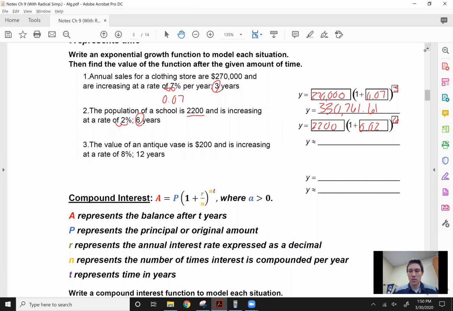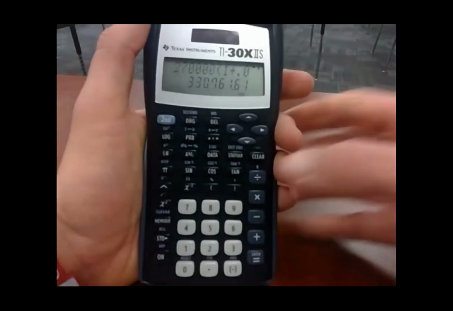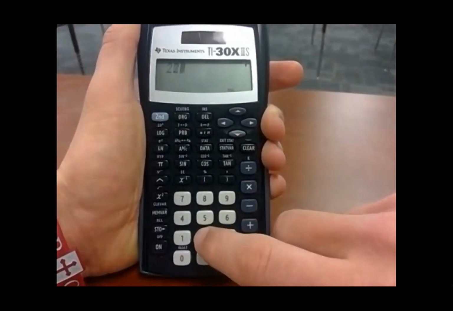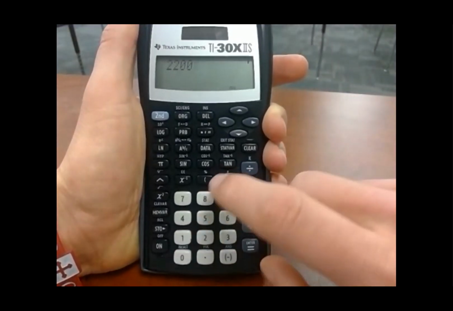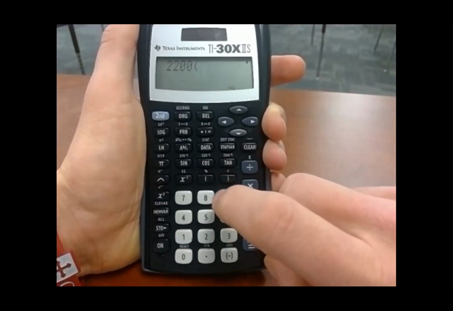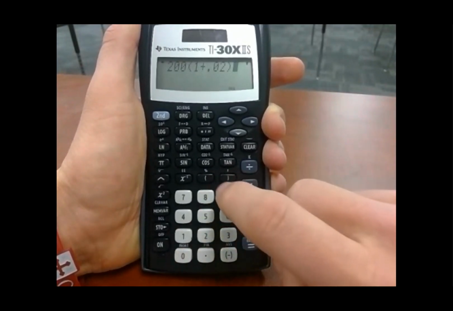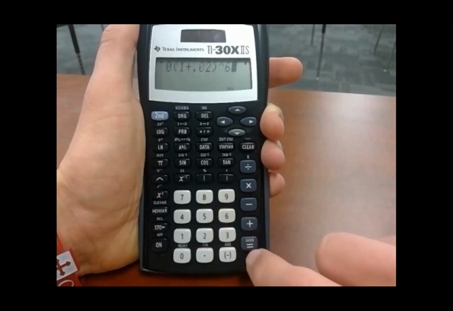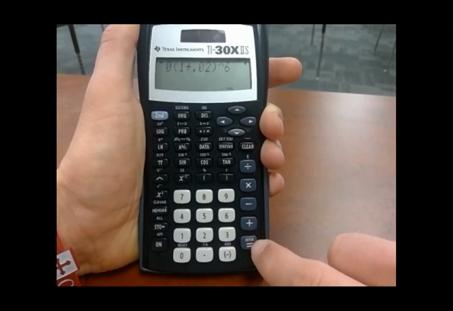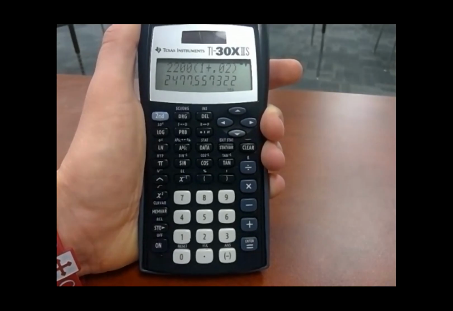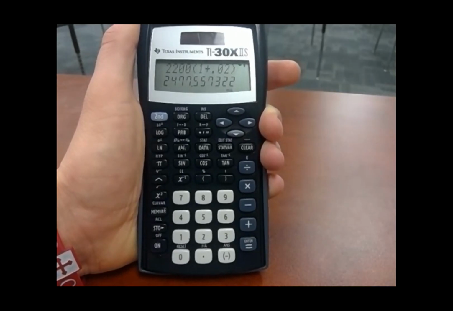So again, let's plug that into the calculator. All right, so I've got 2,200 parenthesis 1 plus 0.02, close parenthesis, to the 6th power. When I hit enter on that, I get 2,477.